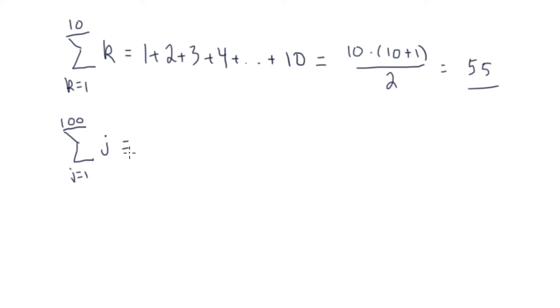Now, even if you use a calculator, this is going to take a while. But look how fast it is with this formula. This should just be 100 times 100 plus 1 divided by 2. Or in other words, 50 times 101. But what is that?